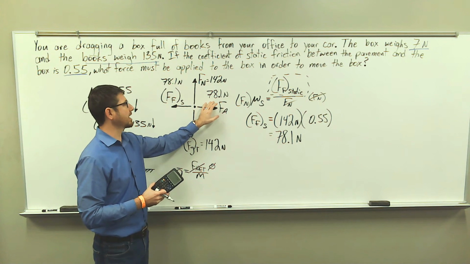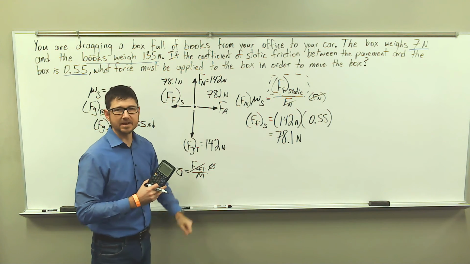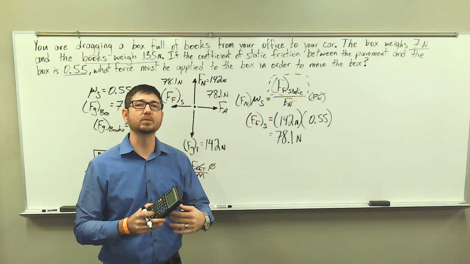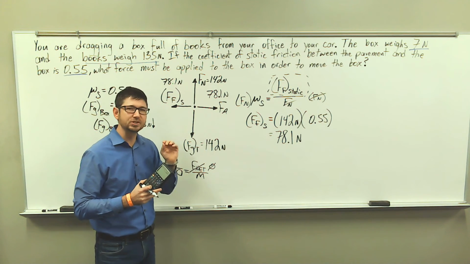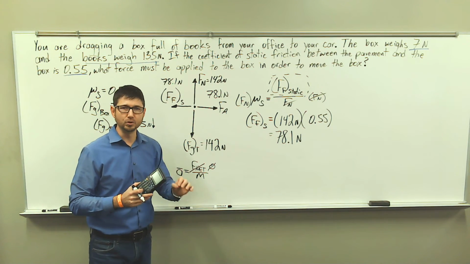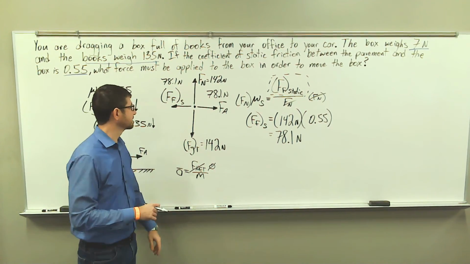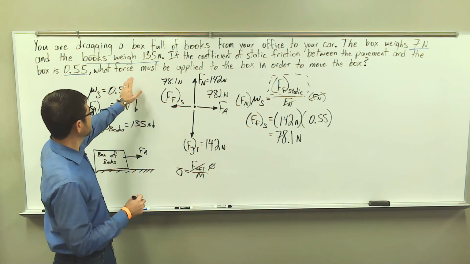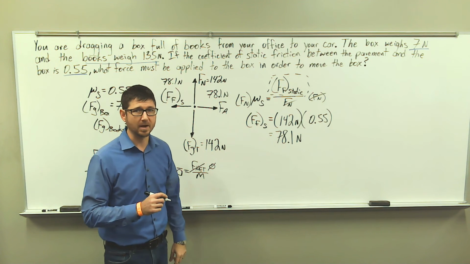But if our applied force is any force greater than 78.1 newtons, we will have an acceleration in the positive x direction. So we'll be able to move the box. And that's how we need to answer our question. Okay, so what force must be applied to the box in order to move the box?